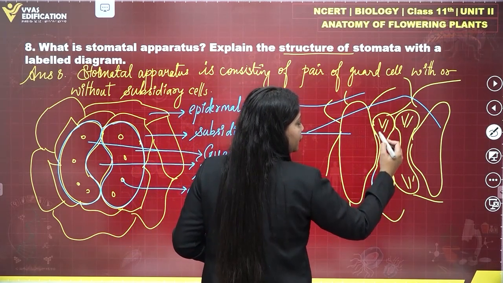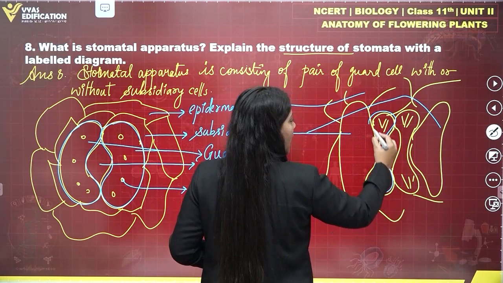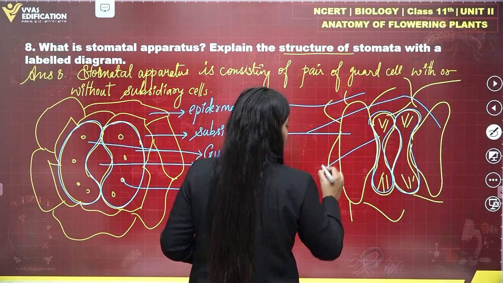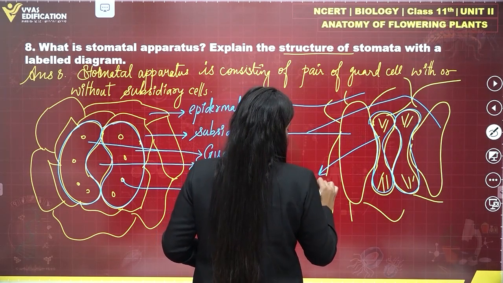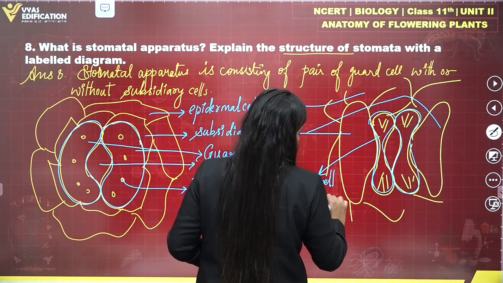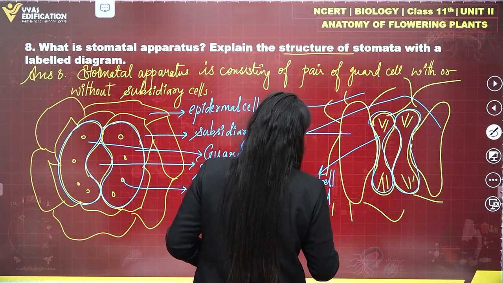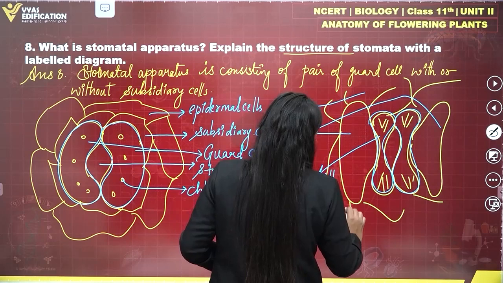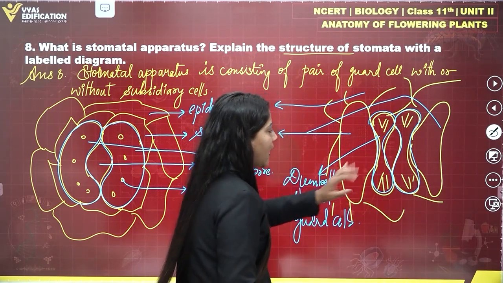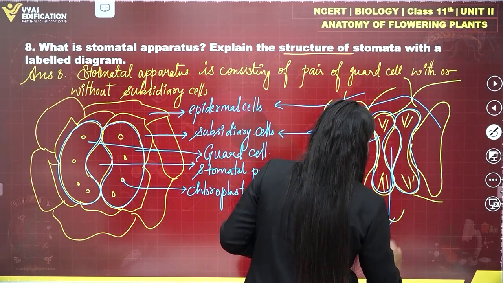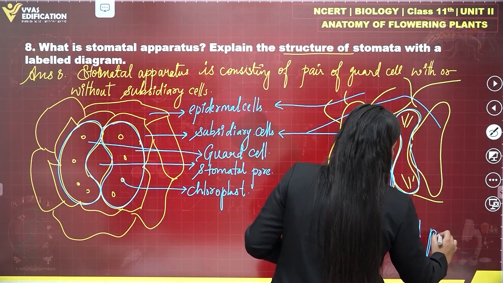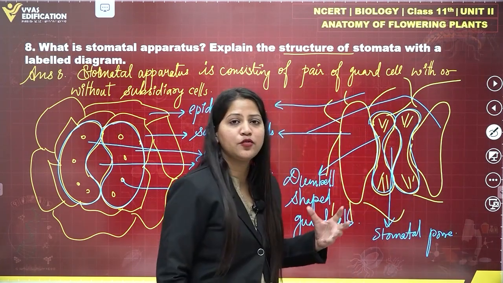Dumbbell shaped guard cells are present in grasses. And these are subsidiary cells, of course. These are guard cells, and the pore in between is the stomatal pore. Right? This is stomatal pore.